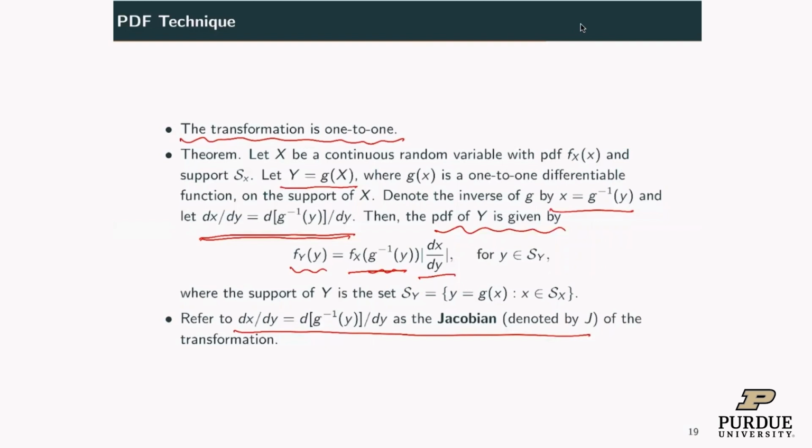You also can show this easily by the CDF technique. So to get the PDF, we get the inverse, we get the Jacobian. We just plug the inverse into the distribution of x, and multiply by the absolute value of the Jacobian. So this is how we get the PDF of y.